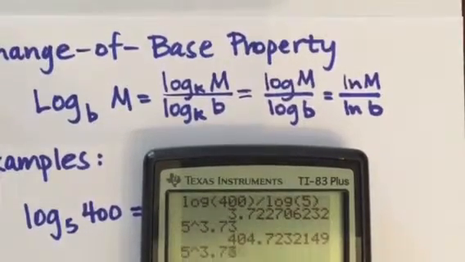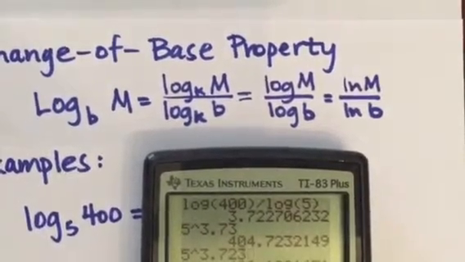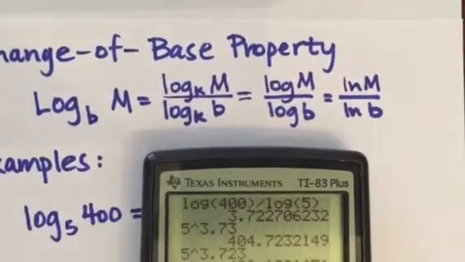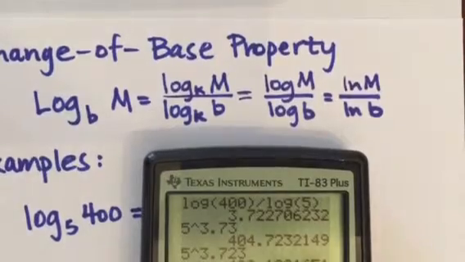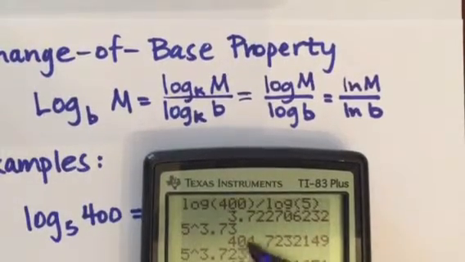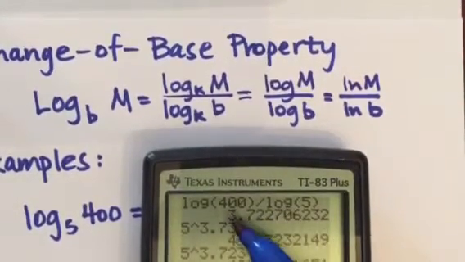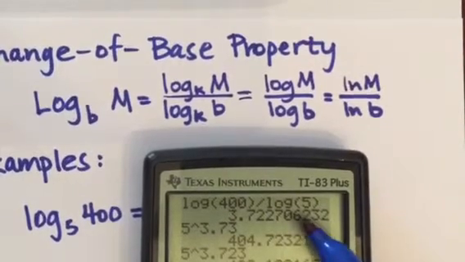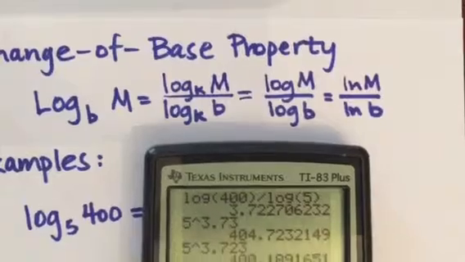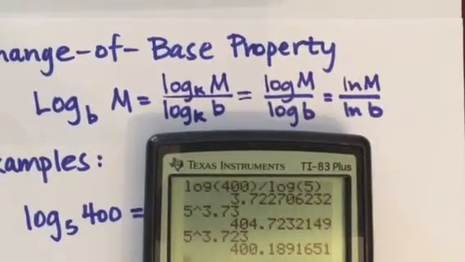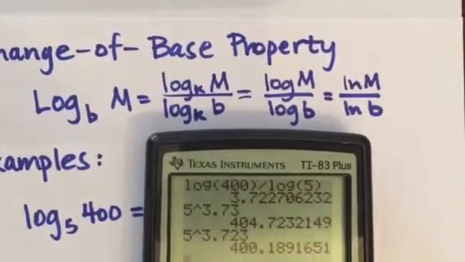Sorry about that. 3.723, and that's very close to that 400. Now, why is it not exactly 400? Well, that would be because we did not put this whole approximation or the exact value in as our exponent. So if it's very close, we know that we did pretty good.